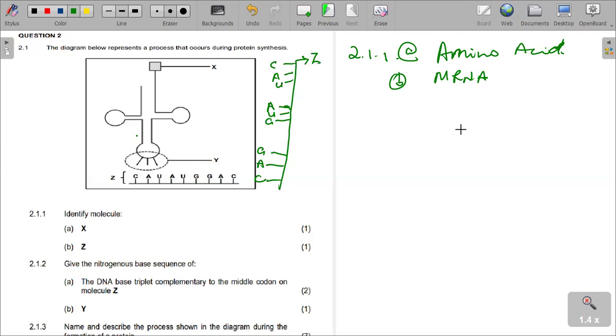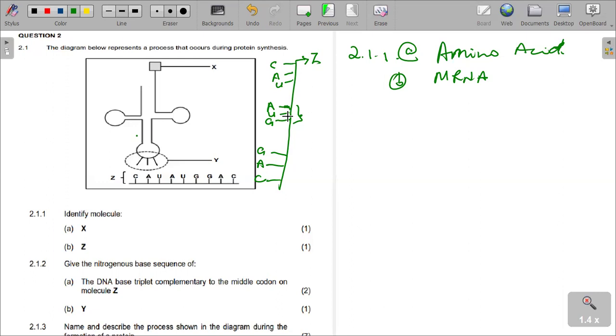And then give the nitrogen base sequence of the DNA base triplet complementary to the middle codon on Z. I have already told you that the middle codon being referred to is this one, AUG, which is given here. So what is the corresponding DNA base triplet?